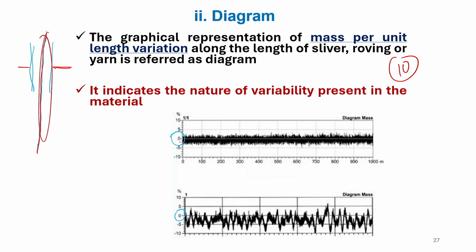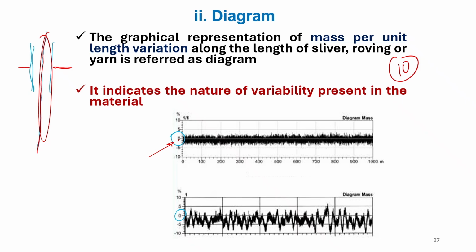So, the mean is placed at the 0 point, and then it starts plotting. So, it goes in this fashion, and from there we can get an overall picture of the variability.